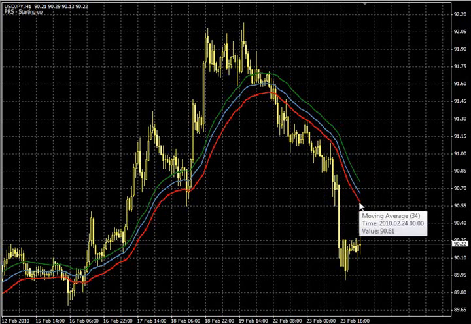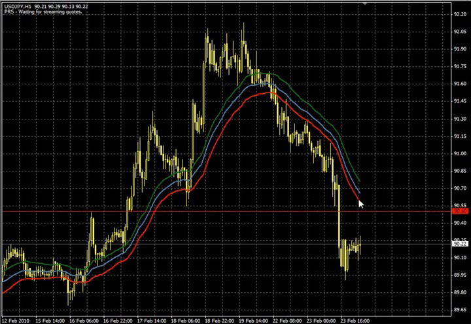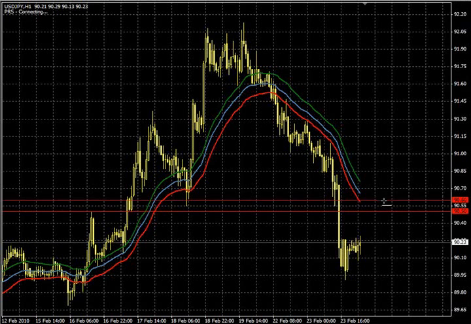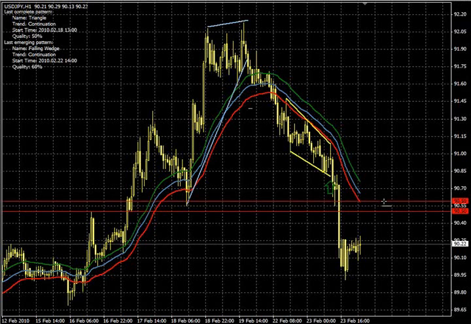Now, if I wanted to utilize the major psychological level, knowing that just 8 pips below that 90.58 is 90.50, I could do a 90.50 swing short instead, utilizing the psychological level? Absolutely. Those are the two lines that I've got here right now.